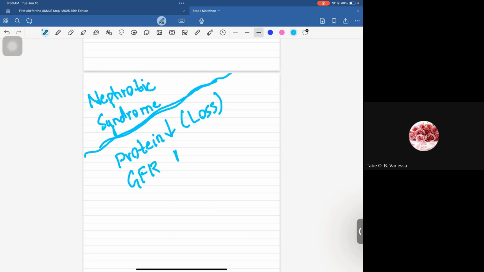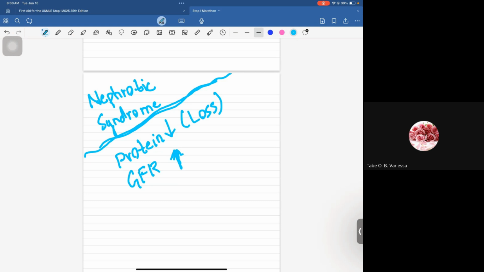And when the GFR levels increase, you are going to get an increased amount of filtration, and then more proteins are going to be lost. Right. So this is a very bad cycle, and this bad cycle is going to happen in case of nephrotic syndrome. Right. This is the first thing.